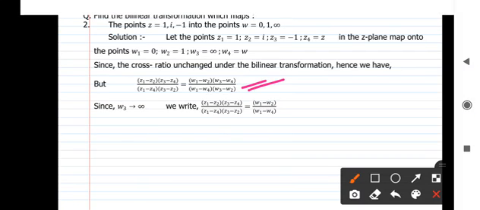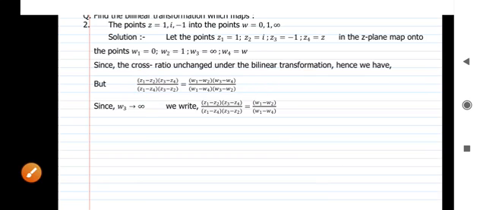You have to remember this important property. If there is a point which is infinity, then you have to write the ratio of the terms or the brackets containing it as 1. So remember this one.